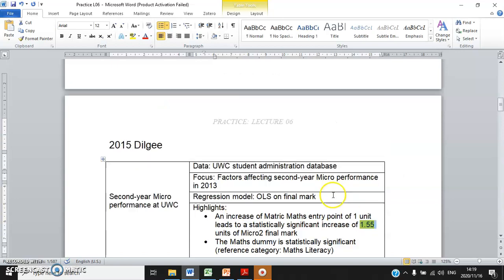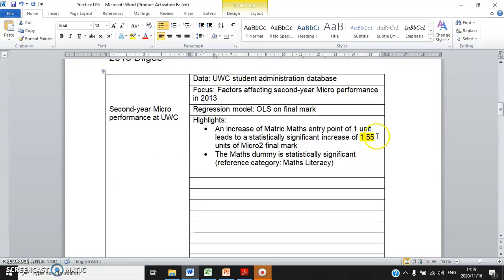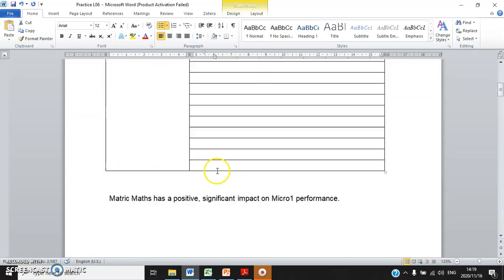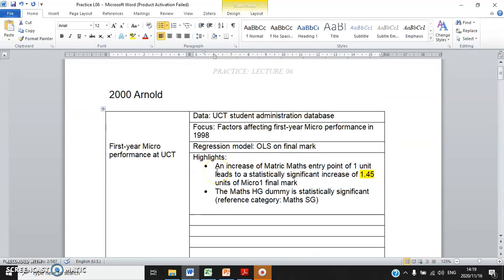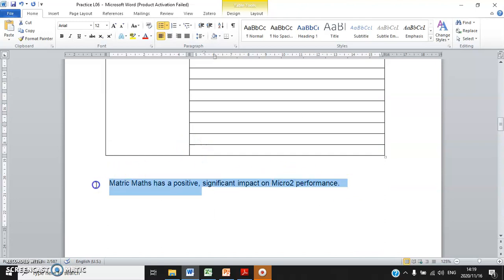So you can see the first two studies are both significant, and the parameter is more or less around 1.5. You already spot the coherence or similarity. Later you have to write up some nice paragraphs to link the two studies together. But let's look at the conclusion sentence from this second study: matrix mass has a positive, significant impact on micro 2 performance.